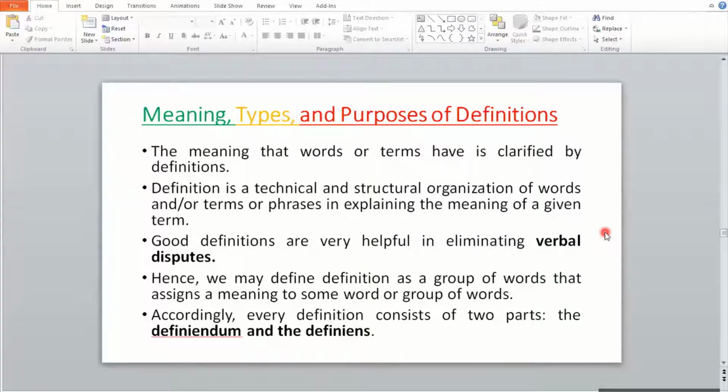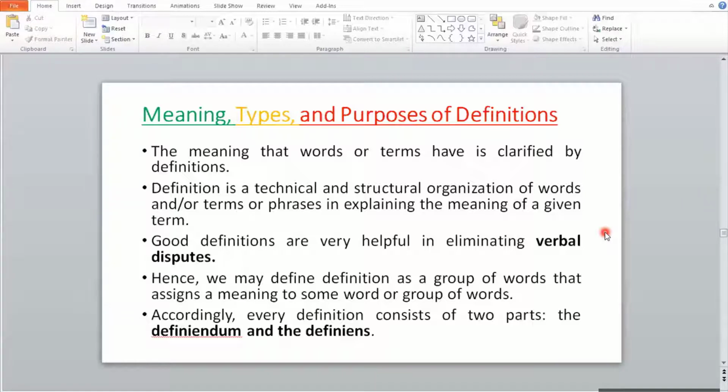So a good definition will help us in resolving or eliminating disputes like verbal disputes, because these disputes are not disputes of genuine facts on the ground, so they can be eliminated through a good definition. Simply this tells us providing a good definition will help us in advance to eliminate such defects of language for understanding of it.